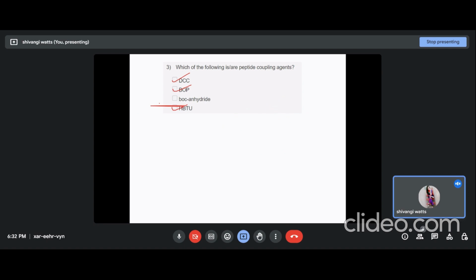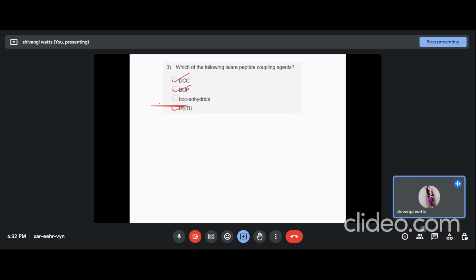The third question is, which of the following are the peptide coupling agents? The options are DCC, BOP, BOC anhydride and HBTU. BOC anhydride is not a peptide coupling agent, but it is used to protect functional groups like NH2 and OH.